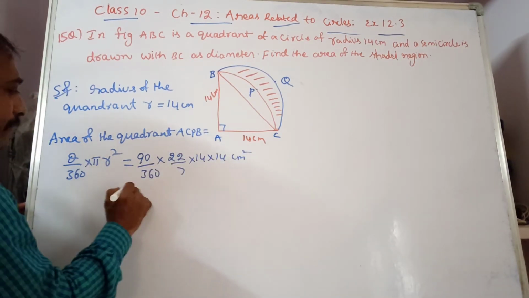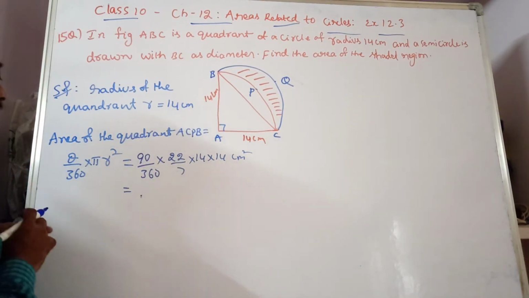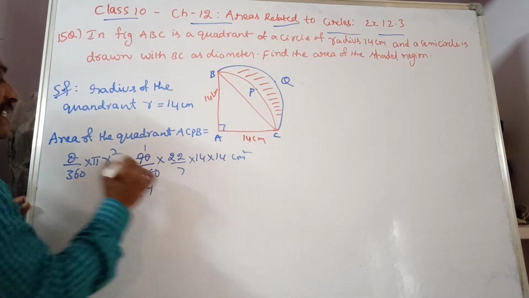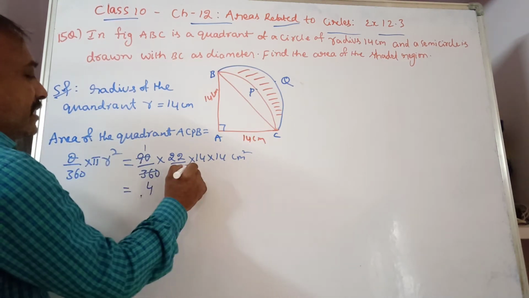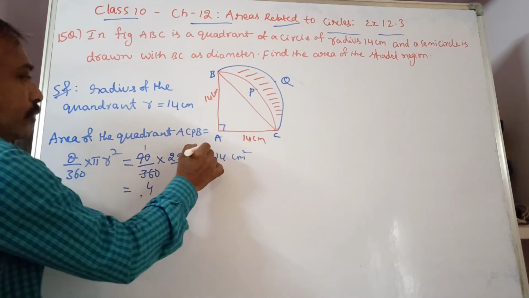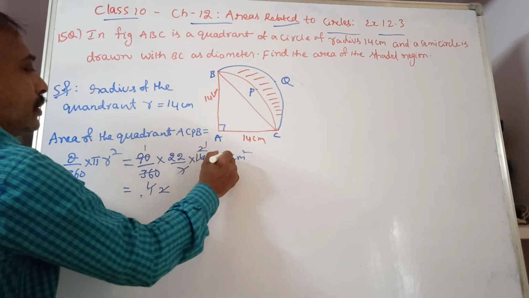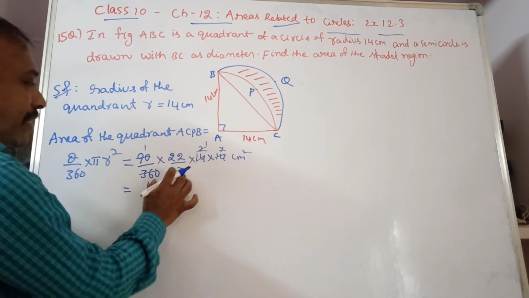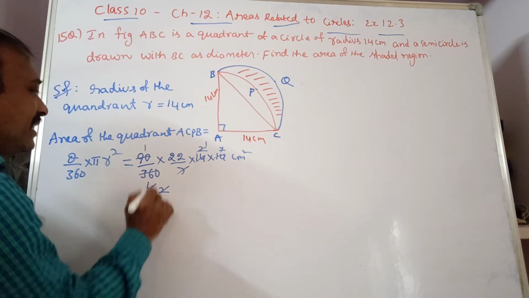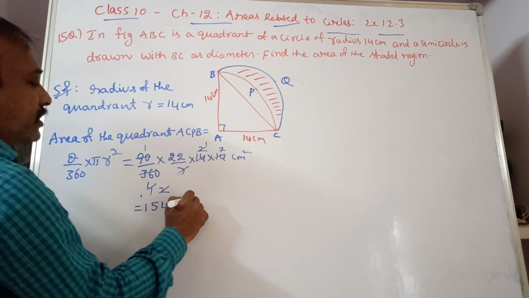Now observe it here. Theta value we got is 90 degrees as it is a quadrant. So 90 ones are 90, 90 fours are 360. Then 7 twos are 14, and 2 ones are 2, 2 twos are 4, 2 sevens are 14. So all the denominator terms are cancelled, and we have 22 into 7, which is nothing but 154 centimeter square.